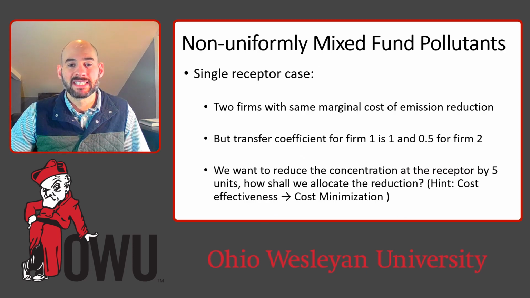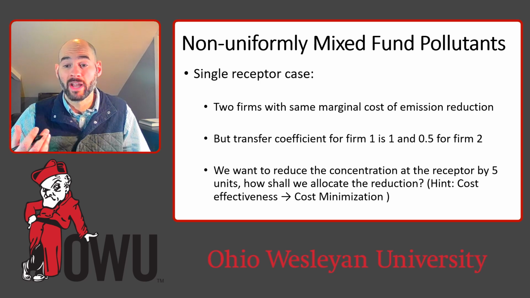So let's think of just a simple example here where we have one single receptor, as in the previous example with receptor R. There will be two firms with the same marginal cost of emission reduction, and the transfer coefficient for firm 1 is going to be 1, and it's going to be 0.5 for firm 2.